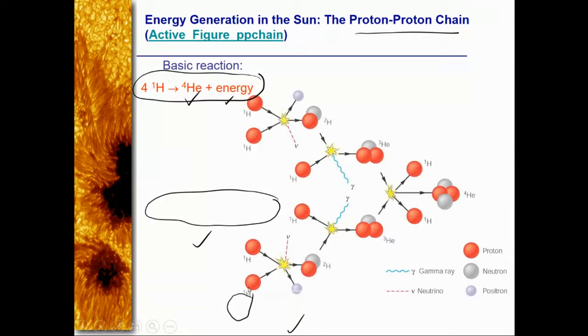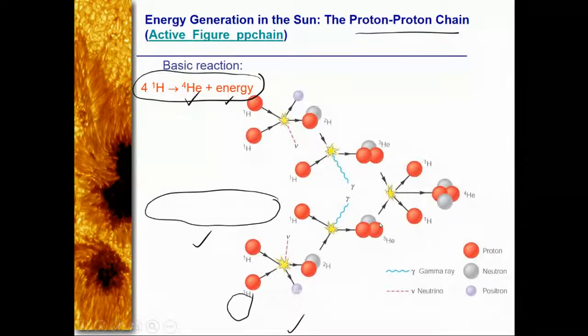Now, you can also have another process. That's why we call it a chain reaction. 2 hydrogen nuclei emit a positron and a neutrino, and they give you deuterium, and deuterium with hydrogen emit gamma rays, and you get helium-3.